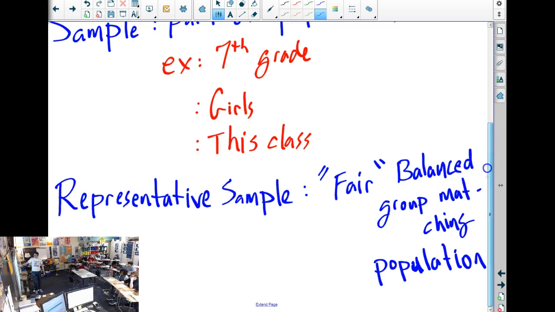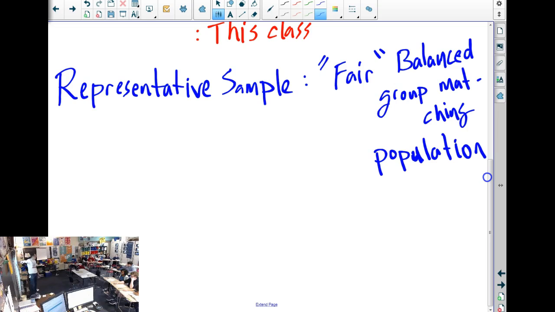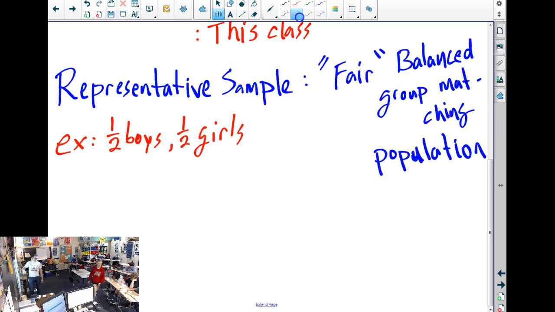So, for us to have a representative sample of Phoenix, and please write this on your paper, for us this year, we would need half boys and half girls in our sample to be fair, because that matches what Phoenix looks like, the whole student population. So if I wanted a sample of 10 kids, I should have 5 boys, 5 girls. If I have 8 boys and 2 girls, that's not fair. It's not representative of what the school actually looks like.